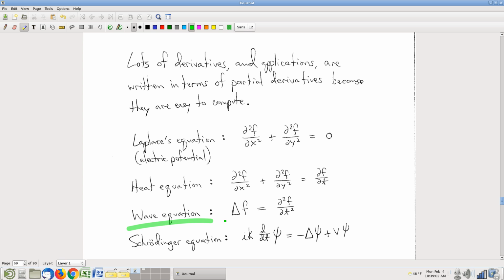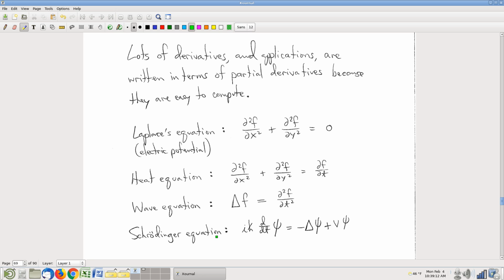How do waves move? What's the deal with quantum mechanics? There's a lot to say about that, of course, that I'm not about to touch. But these are very important questions about physics and engineering, and the relevant equations are all in terms of partial derivatives. So no surprise, partial derivatives are extremely, extremely useful, and I just wanted to point that out.